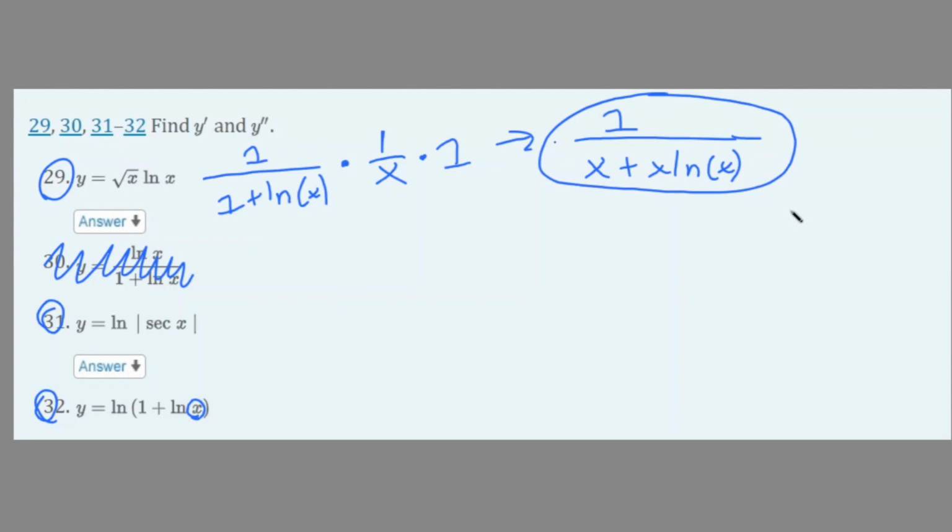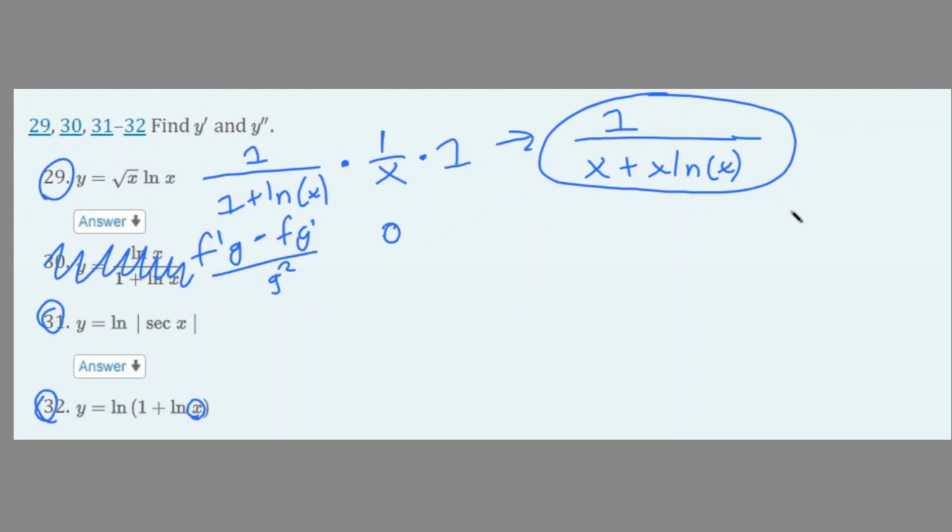Alright, so for the derivative of this, we're going to use the quotient rule, so it's going to get a little bit messy, but it should be mostly clean. So the quotient rule again is f prime g minus fg prime over g squared. In this case, we're not going to actually simplify out the g squared, just because it would be way too large for it to be necessary.